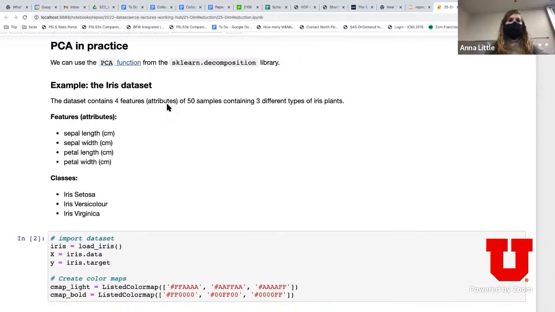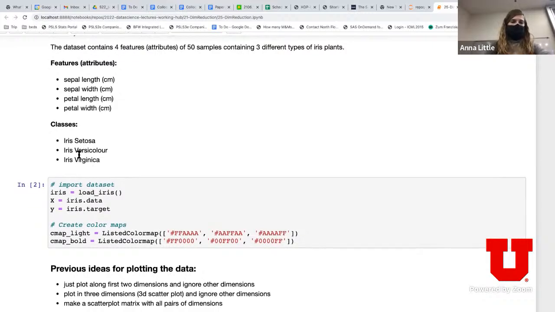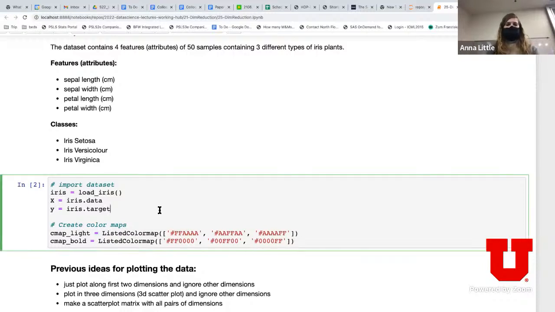You may remember that we have 4 features on a collection of 50 flowers, which are different kinds of irises: sepal length and width, petal length and width. And we have 3 different classes or species of iris. We would like to see the species clustered together. That would be nice.